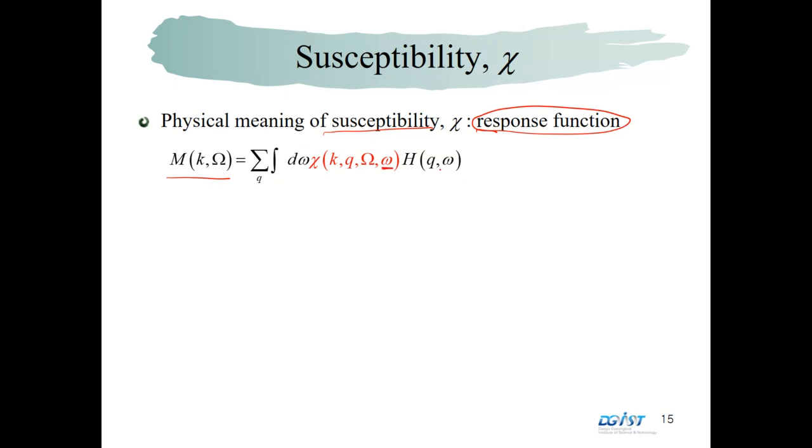Here, this small omega is cancelled with this integral, and this q vector is cancelled out by this summation, and only k and capital omega survive after the sum and the integral. That's the general form.